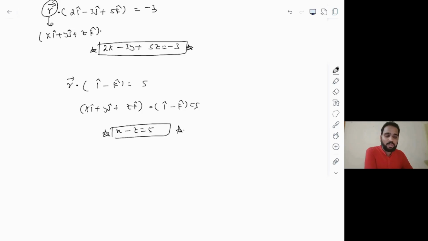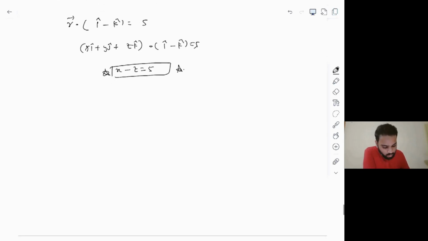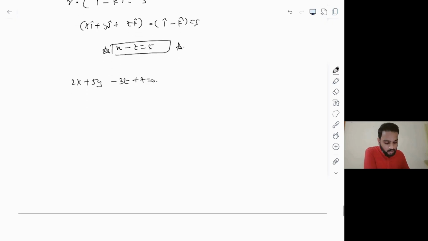Sometimes you will have to convert Cartesian form into the plane in vector form. That also you can do directly. Suppose I have the plane equation 2x plus 5y minus 3z plus 7 is equal to 0. Let's say I want to write this in terms of vectors. Once again, you need to express this 2x plus 5y minus 3z in terms of vectors using the dot product.